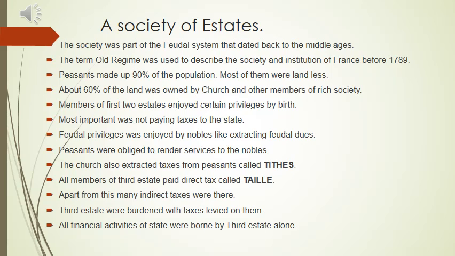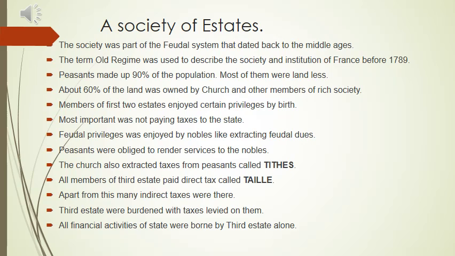They don't have land, they are working on someone else's land. From whose land are they working? They are working on land owned by the church. 60% of the country's land was owned by the church and other members of the richer society, but most of the land belonged to the church, and these peasants used to work on these lands.